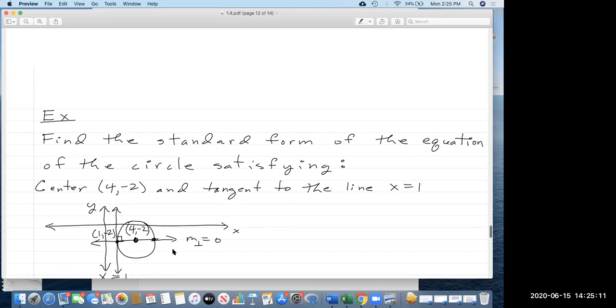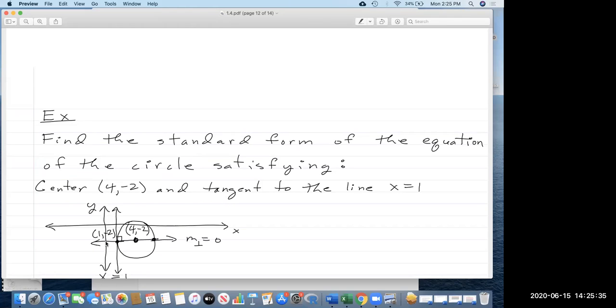Example. Find the standard form of the equation of the circle satisfying the following conditions. The center is at the point 4, negative 2. So here's the x-axis, the y-axis. There are too many lines here. So this is the x-axis here, and this is the y-axis.